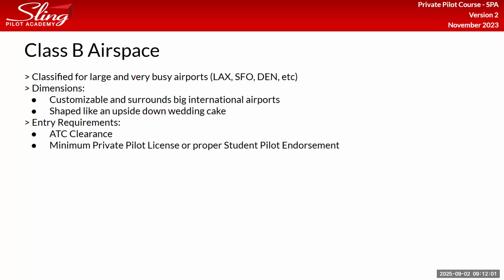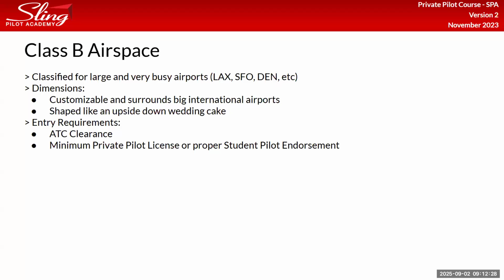Also, you cannot be a student pilot mainly flying through Class Bravo airspace. You have to have a private pilot's license, or you have to have a proper student pilot solo endorsement through the Bravo. We're going to get into specifically LAX's Bravo a little bit more. You see a little hole in the middle of this? There's something called a corridor that goes to the Bravo.